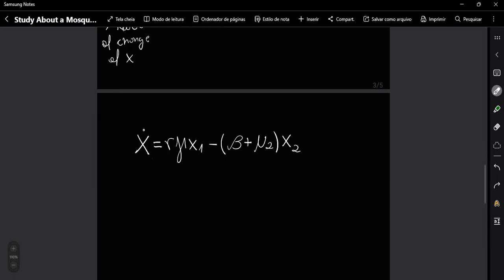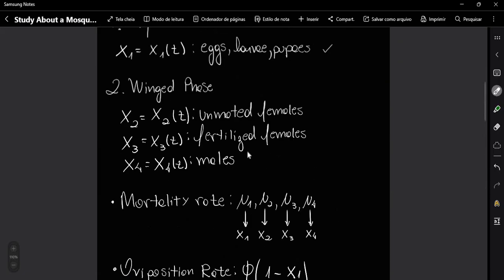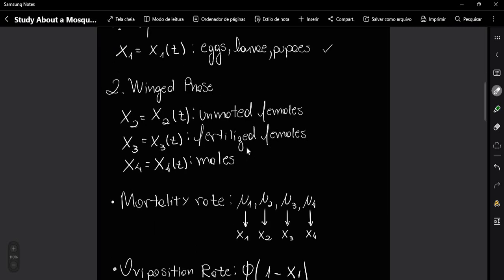So right here, we got three more equations. Now we need to see which of these rates, these variables, are related to x2, which is the winged phase, the density of individuals of the mosquito population, which is mated females.